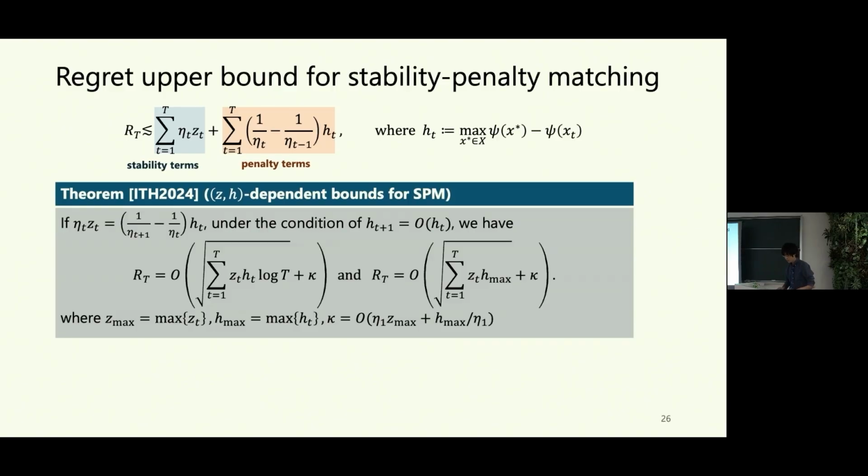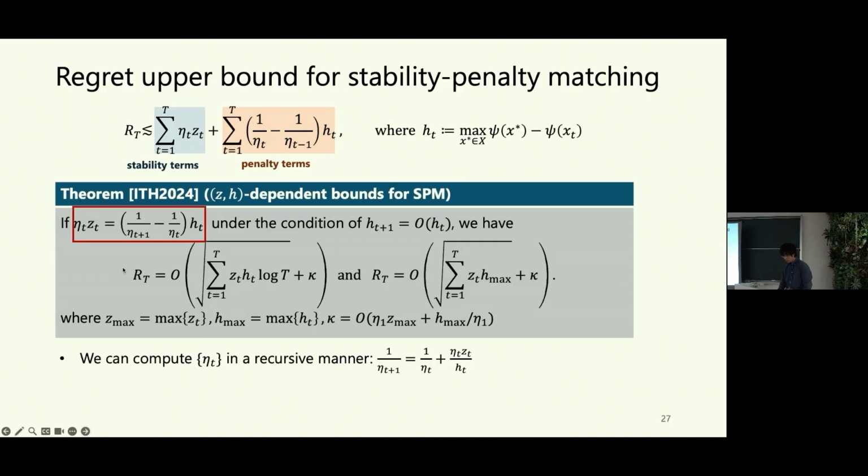This is the main theorem of this study. Under the update rule explained before, we have this regret upper bound. Here we want to stress that this learning rate can be computed in a recursive manner.